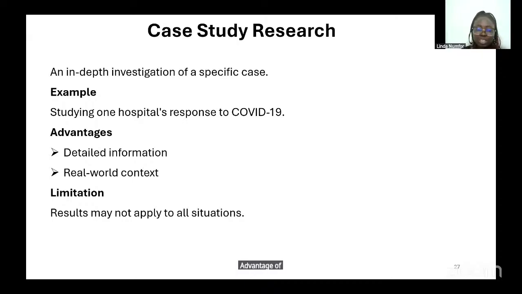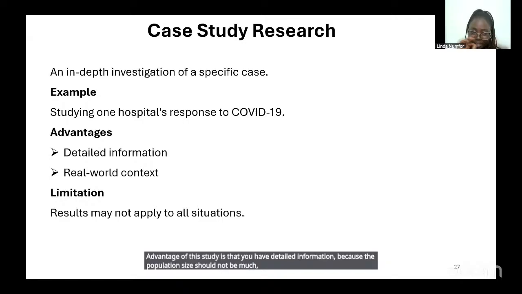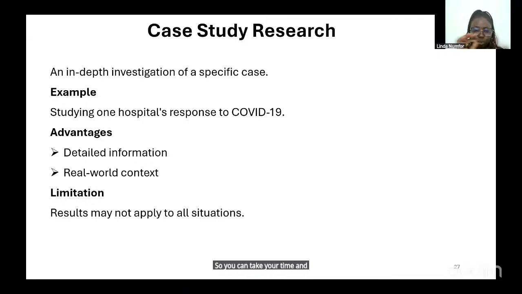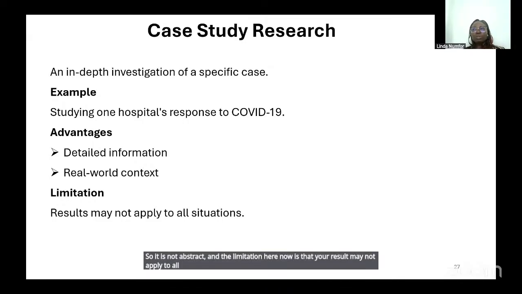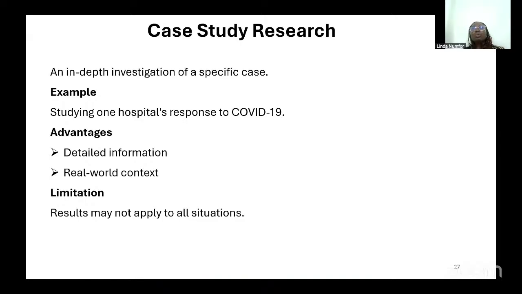The advantage of this study is that you have detailed information because the population size will not be much, so you can take your time and really get a good study. And it mostly works on real-world context. So it is not abstract. And the limitation here now is that your result may not apply to all situations. You are working with rainy season and dry season.